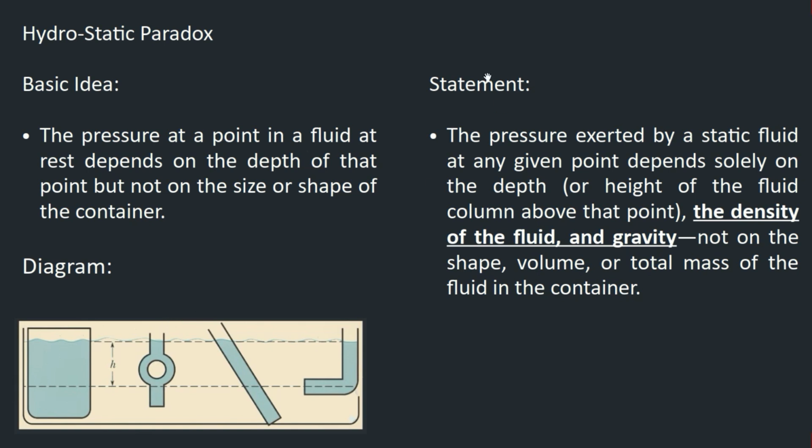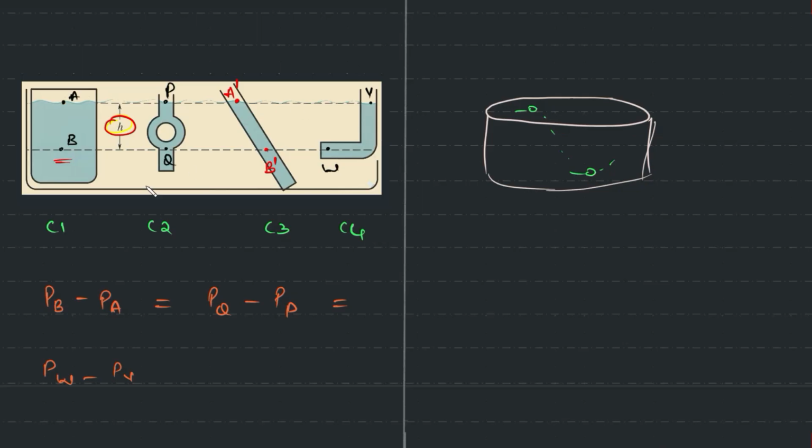Okay, so the actual statement is that the pressure exerted by a static fluid at any given point depends solely on the depth or the height of the fluid column above that point, the density of the fluid, and the gravity. Depth, density and gravity. Basically, it's the same liquid above the surface of the earth, but yes, density and gravity matter. So remember, in all of these cases, we are using the same fluid.